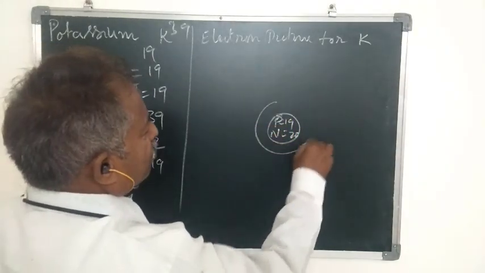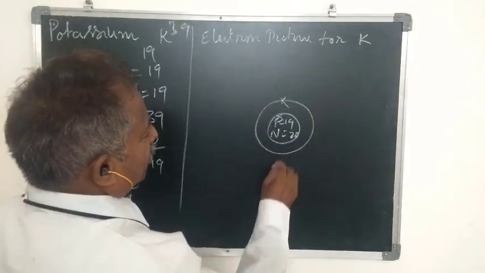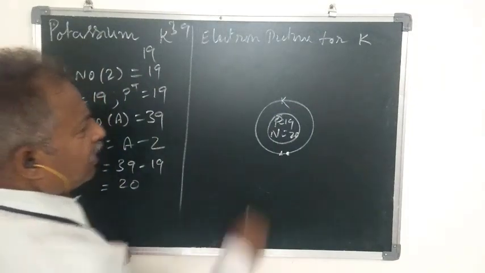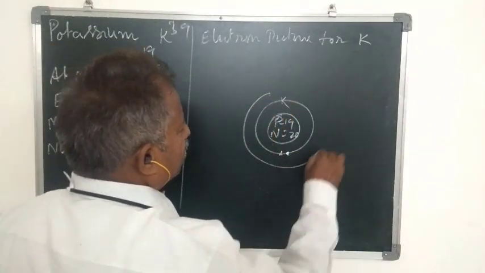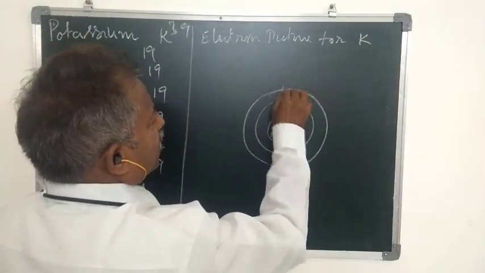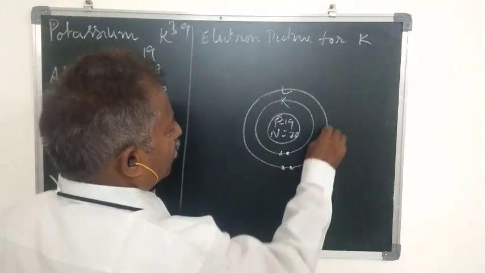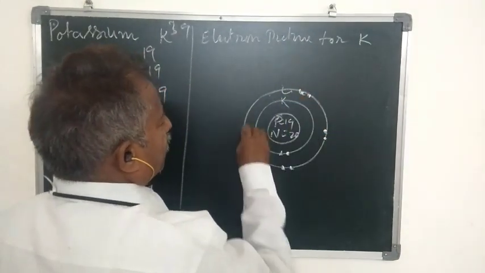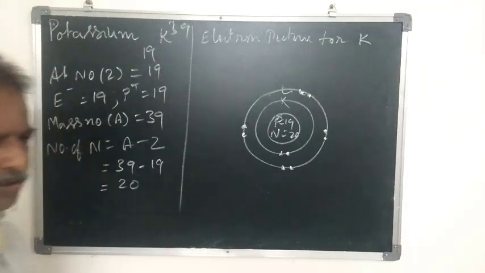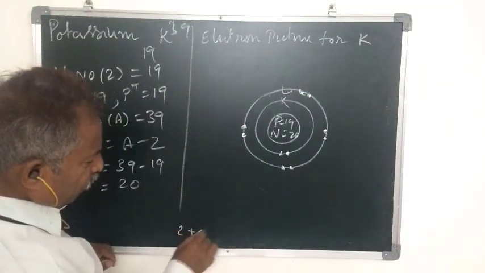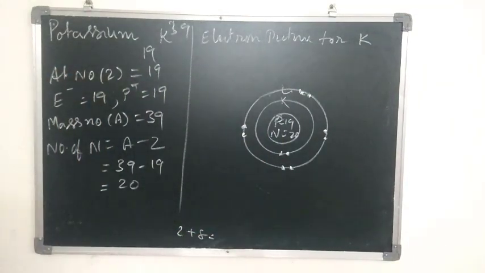So first shell K is 2 electrons. Second shell L is 8 electrons. 8 electrons, 4 to 8. Right. So 2 plus 8, 10.